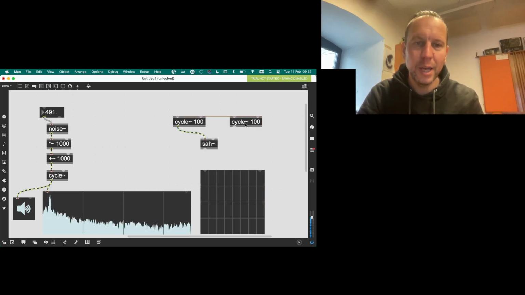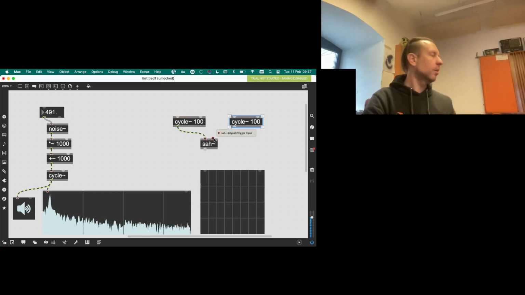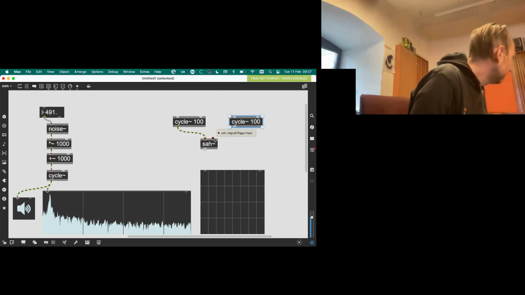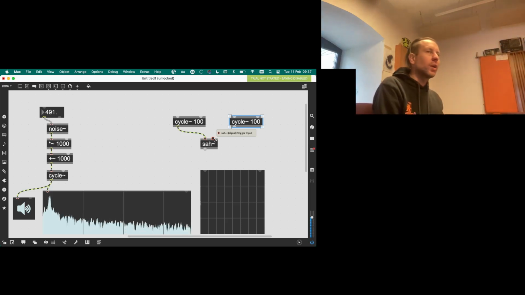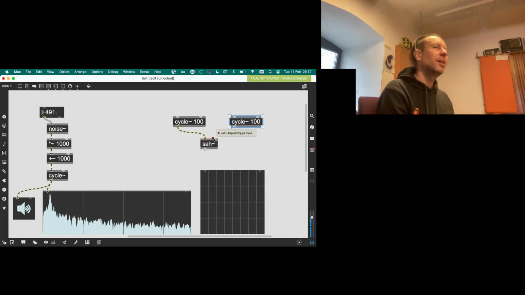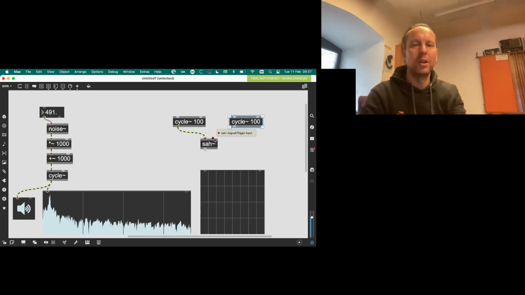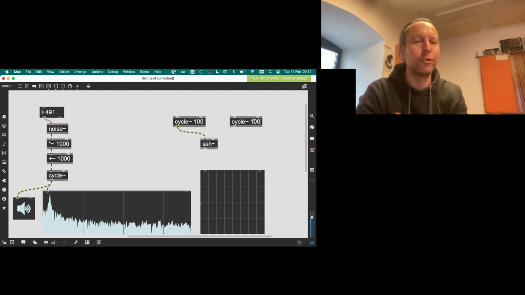And then I will take, well, actually, the trigger is any signal. And the trigger is defined as a zero crossing. So when the signal crosses the zero line, and typically from negative to positive, you are interpreting a trigger. So actually, I can use a sine wave for the triggering as well.